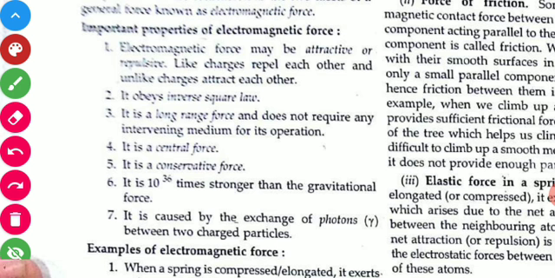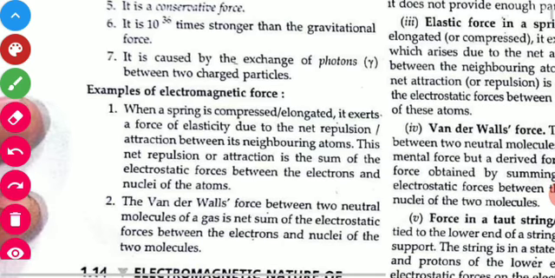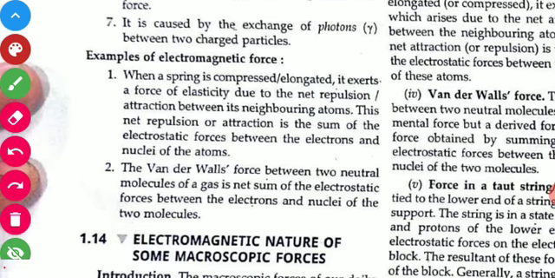There are a few examples of electrostatic force we can see here. One is between the molecules of any material. Suppose we press the rubber, so there will be the electrostatic force between the molecules.